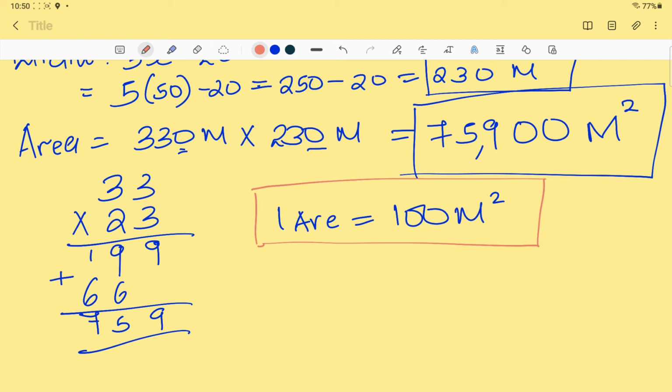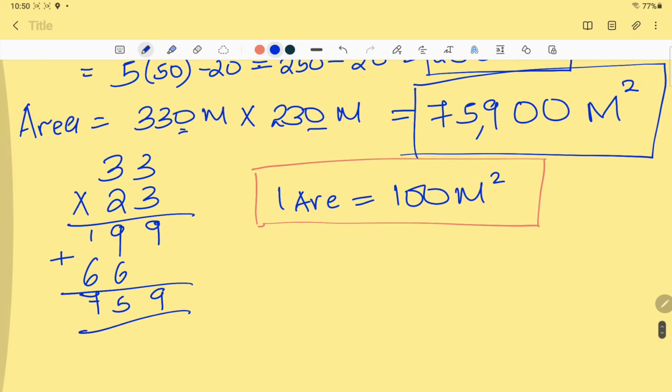So you can subscribe to this channel, and then we can go through that in a different lesson on how to convert different units. That is very important as well. But for this specific question, we are just going to concentrate on this, that 1 hour is equal to 100 meters squared.